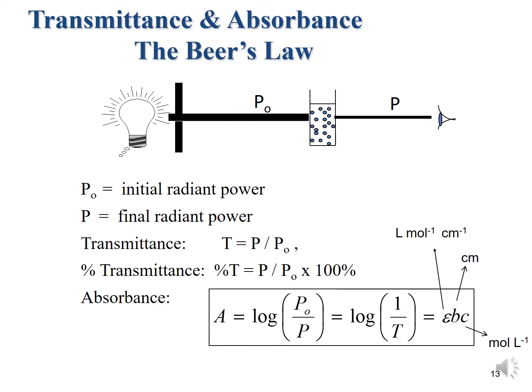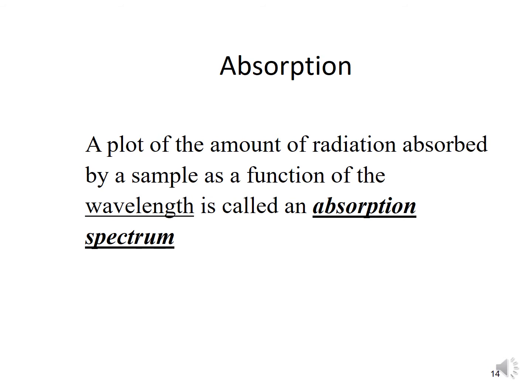Next, the absorbance. Absorbance A equals log P naught over P, which equals log 1 over T. This also equals epsilon times b times c. A plot of the amount of radiation absorbed by the sample as a function of wavelength is called an absorption spectrum. This process of absorption and emission depends on the wavelength, so the parameter here is the wavelength.